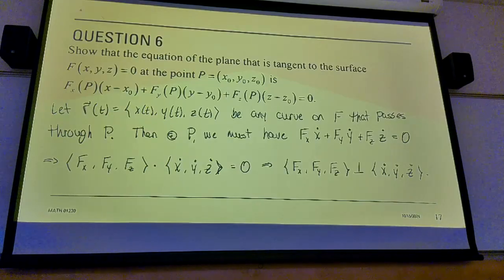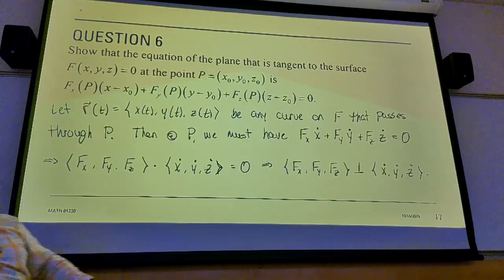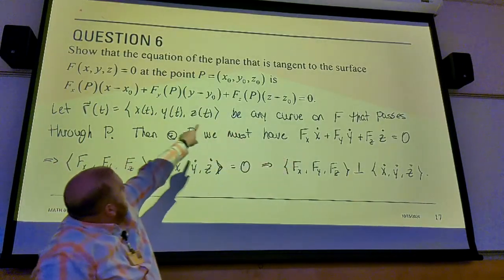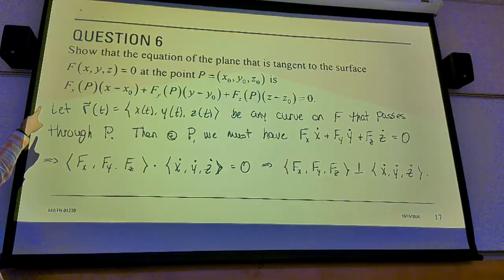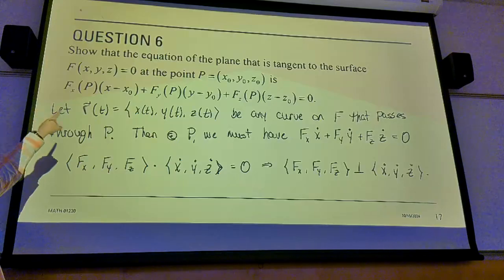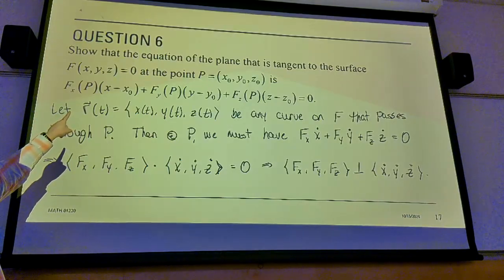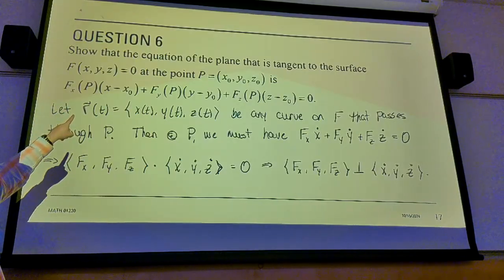At P, that equation has to be 0, right? If you take the derivative of F using the chain rule, it has to be 0, right? Because F is 0. So that's where that comes from.